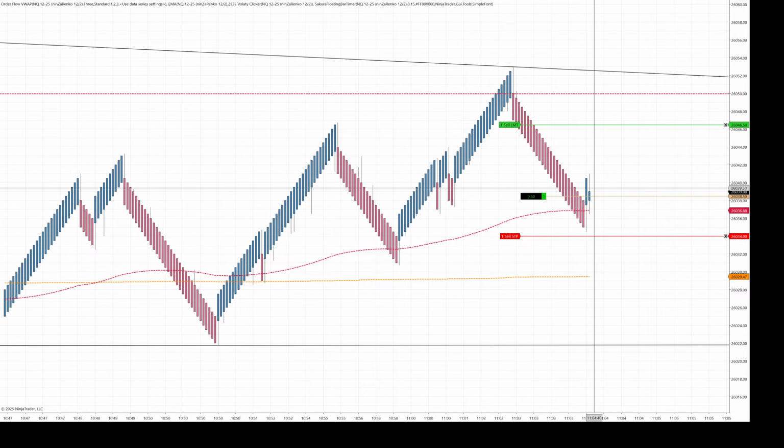We didn't officially get the 4 bricks, but I thought this would be a really good area to potentially bounce.